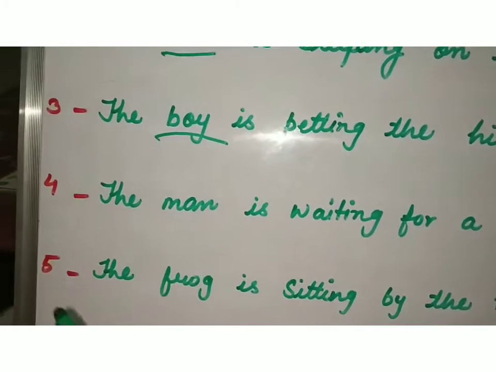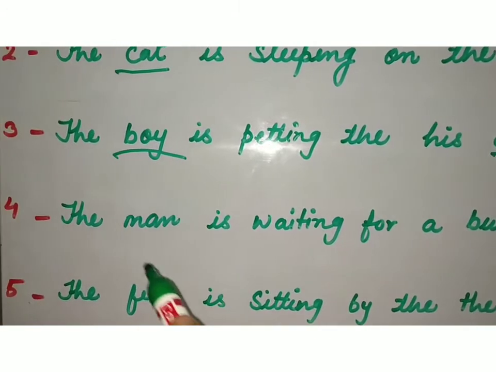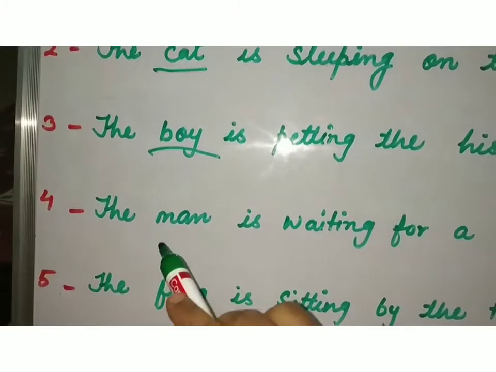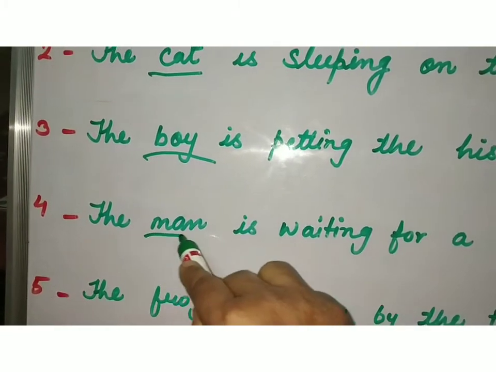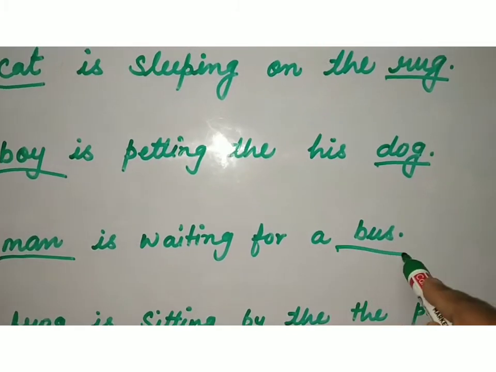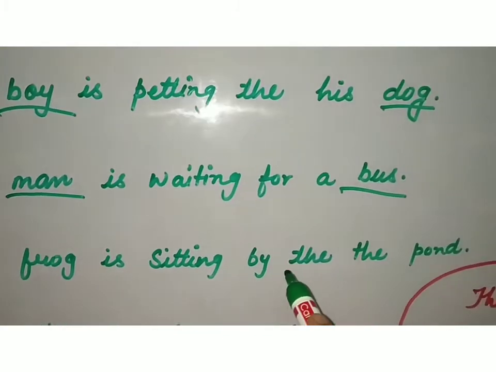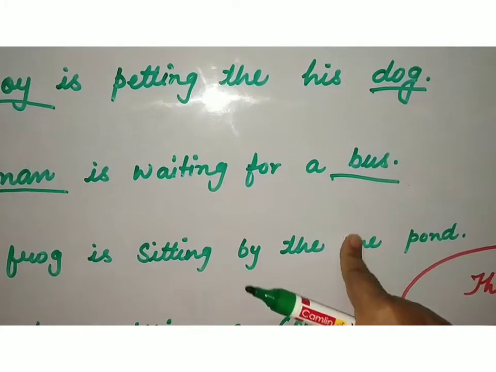So we got these. Now fourth one, the man is waiting for a bus. Man is a people, and waiting for a bus. Bus is a thing. Okay, no. Then fifth one, the frog is sitting by the pond.